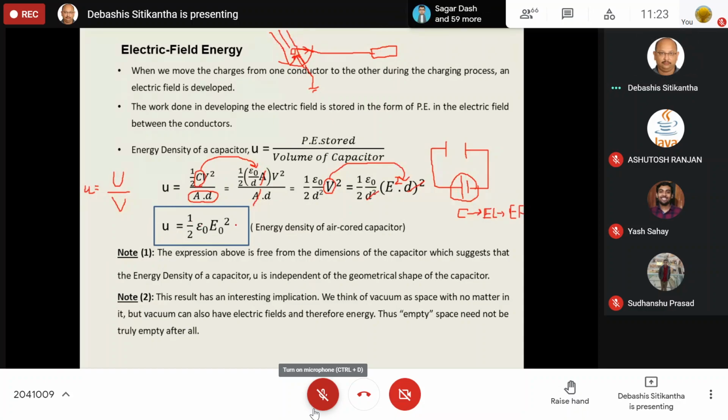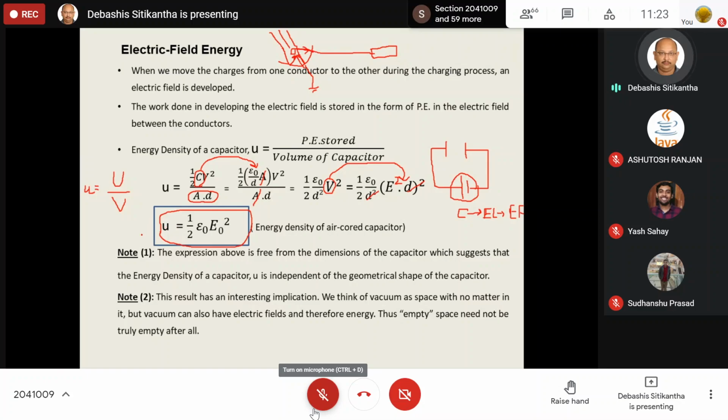Now, please be very clear that this expression is only meant for a parallel plate capacitor with air as the dielectric medium, because air has a permittivity of epsilon 0.